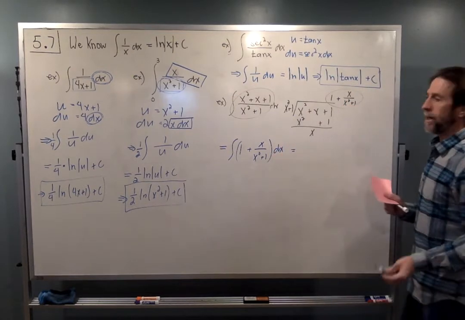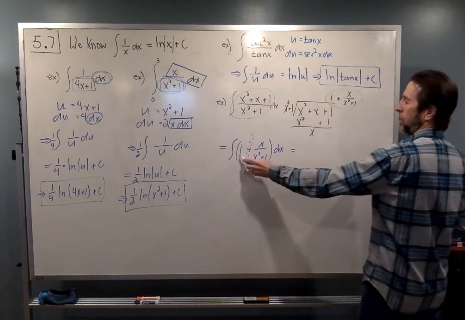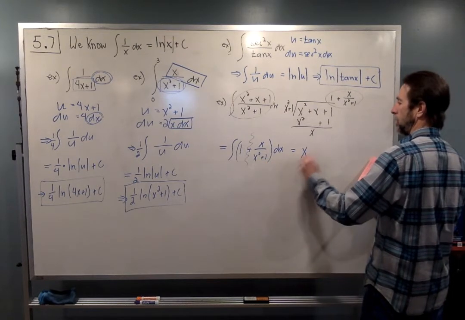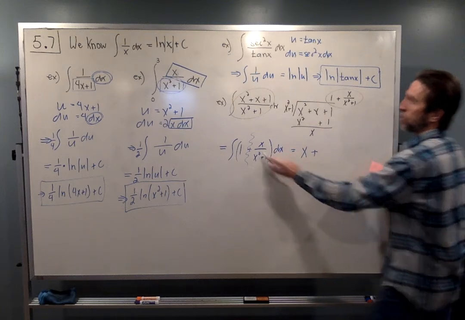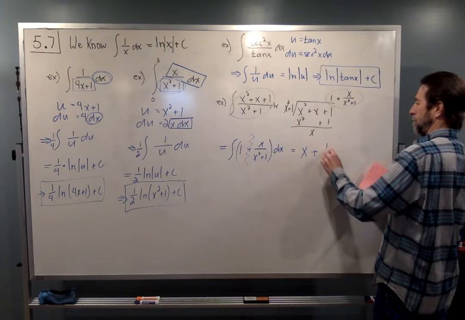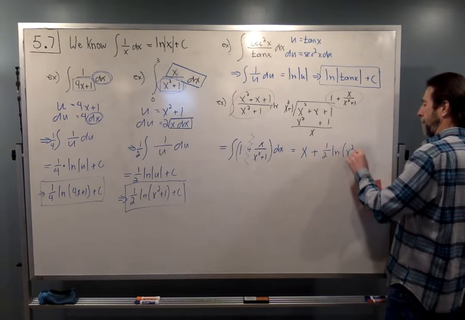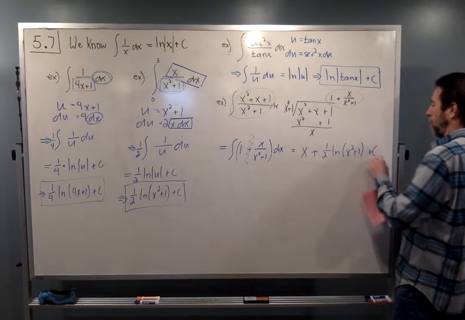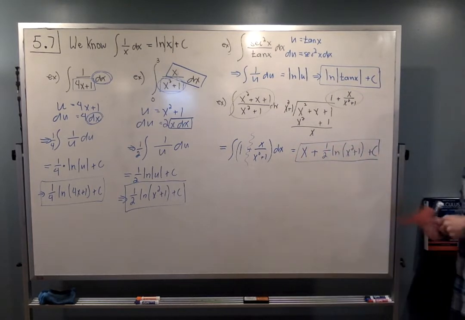So I'm basically integrating two separate functions. We can always separate them. The integral of 1 is just x. Well, look, we just found the integral of x over x squared plus 1 in this problem. So I might as well use it. And there we have it.